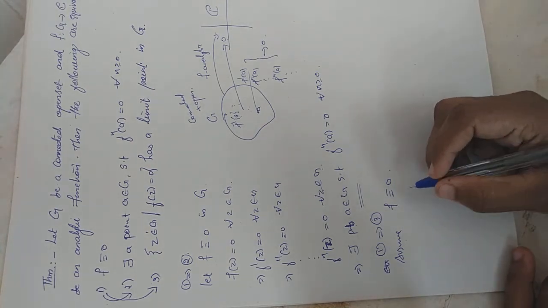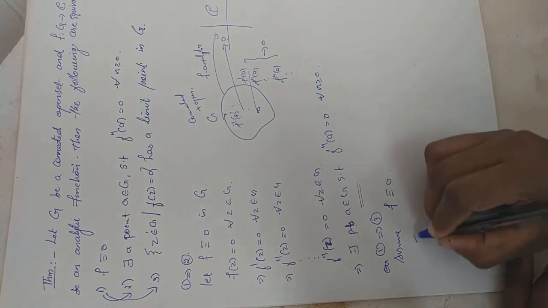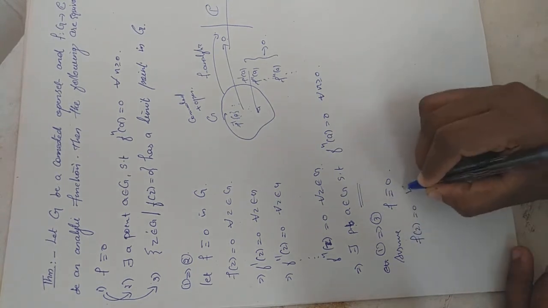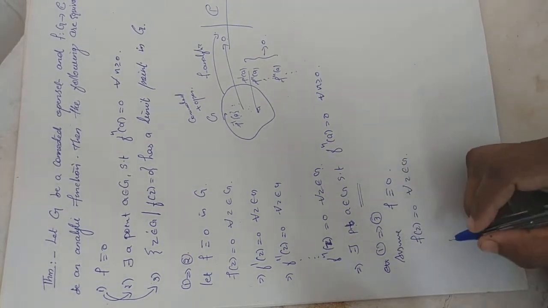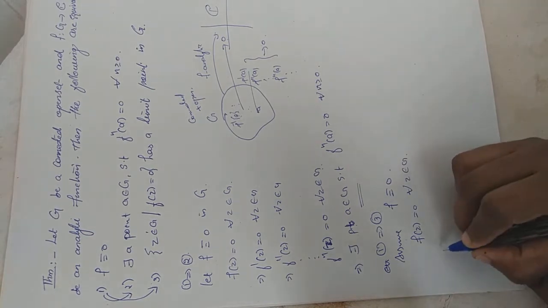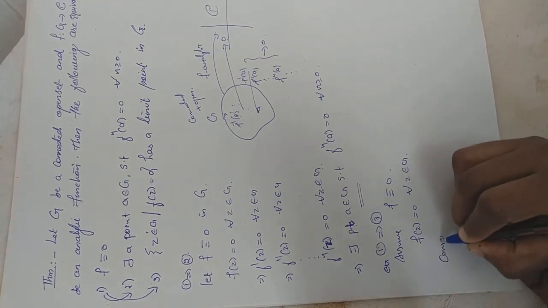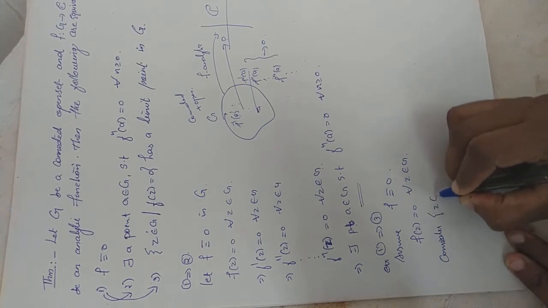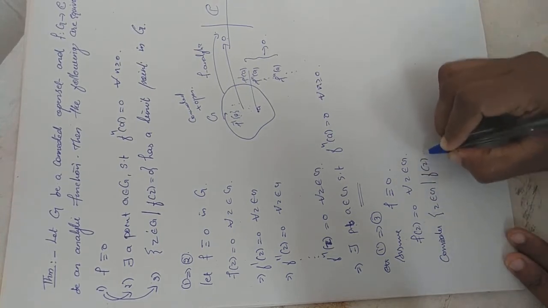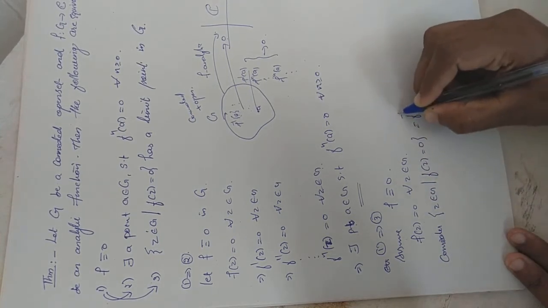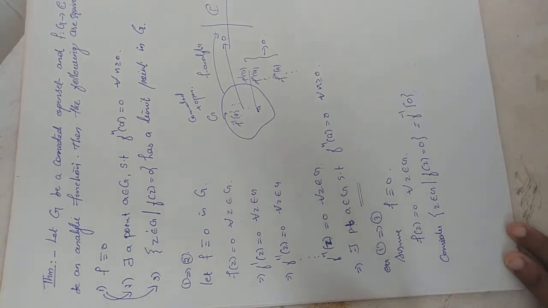When a function is identically 0, I can write f of z equal to 0 for every z in G. So what is the inverse image? Consider the set of all z in G such that f of z is equal to 0. This set is nothing but f inverse of the singleton set 0.